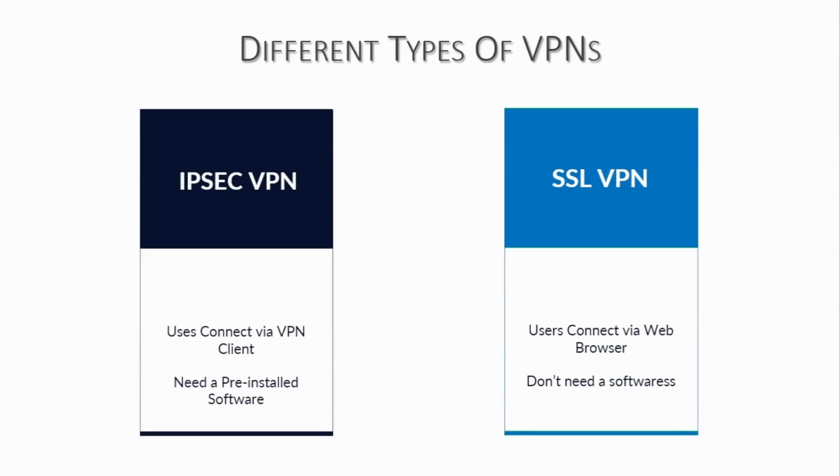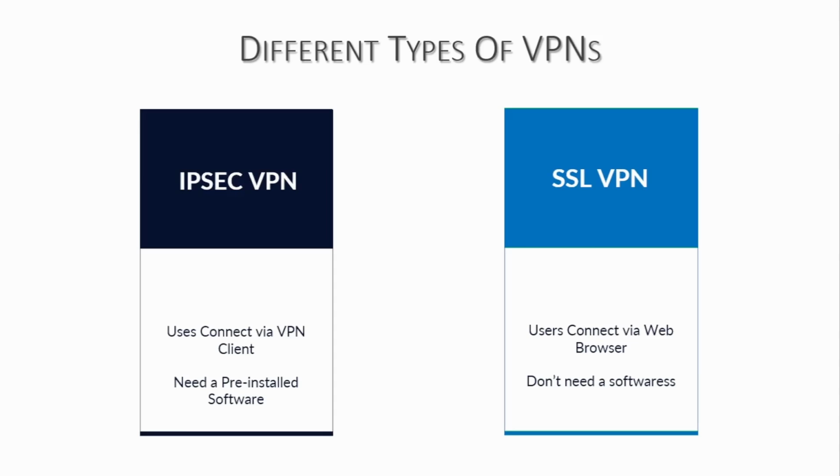IPsec is used for site-to-site connection and remote access connections. IPsec VPN allows users to connect remotely to an entire network and all its applications. SSL VPN will give the user a remote tunneling access to a specific system or application on the network.